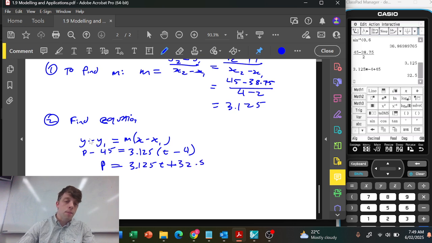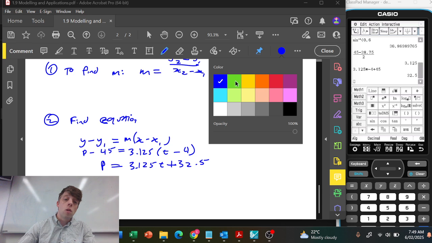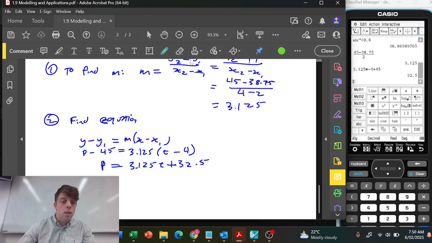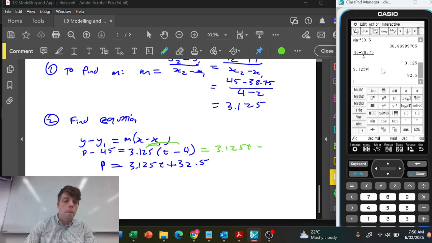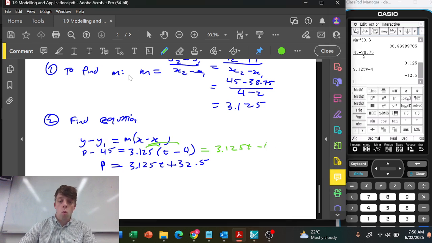I've just kind of skipped a step there, but for those of you who got lost there, all I did was I expanded this bracket. So that gives me 3.125t minus 3.125 times negative 4, which was negative 12.5, and then I added 45 to that, and then I got this answer here.